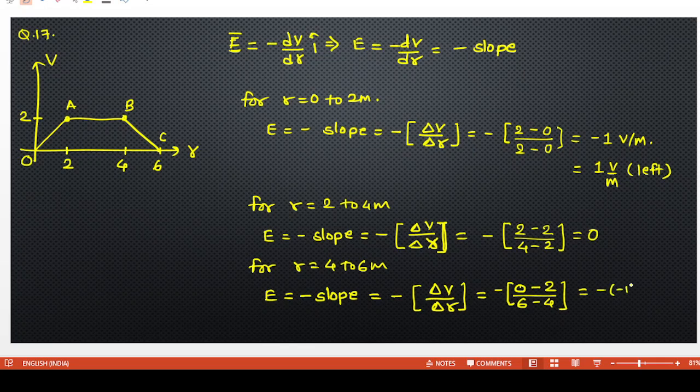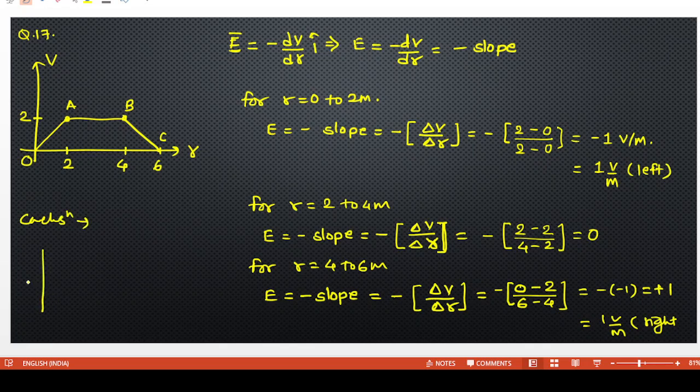Minus in the bracket, minus 1, so plus 1 comes. Right. Slope is negative, so minus slope will be positive. Yes, for this line slope is negative, so minus slope will be positive. So what is the meaning of plus 1? 1 volt per meter rightward.